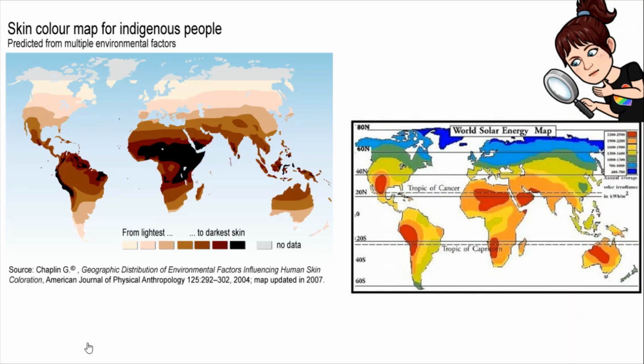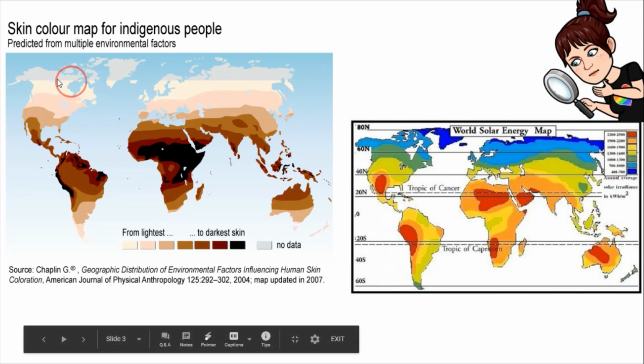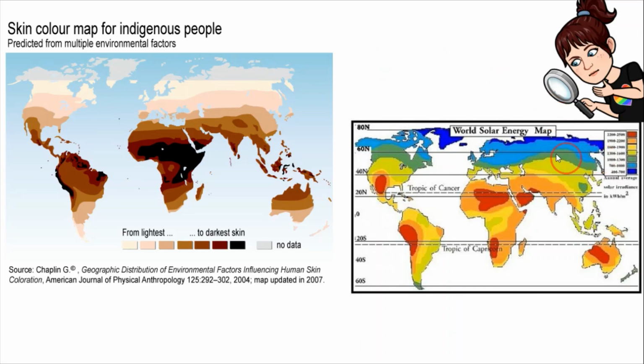If we compare different areas on these maps of the world, you can see in places where there are lighter skin tones, it seems that there is less sunlight in those areas throughout the year. Whereas areas that get a lot of sunlight, if we look back at people's skin tones, we notice they are a lot darker.